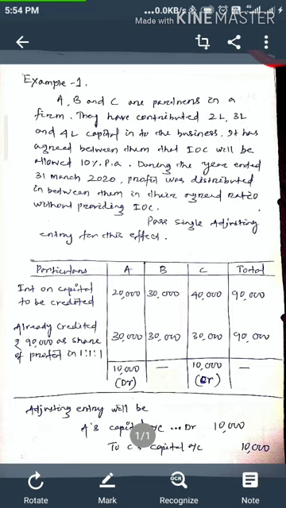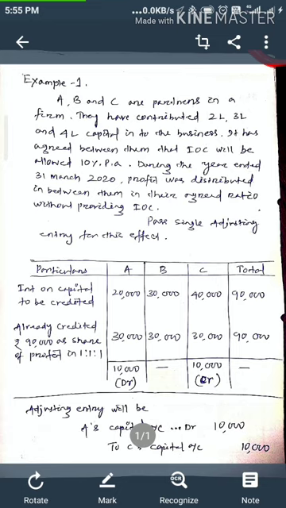So what we will do, we will straight away draw one table. That table is known as the adjustment table. I forgot to note it above the table. So adjustment table, particulars: A, B, C, total. Three partners, three columns, and one extra column for total. First we focus on what they are going to get from the partnership firm, and what the firm has omitted.